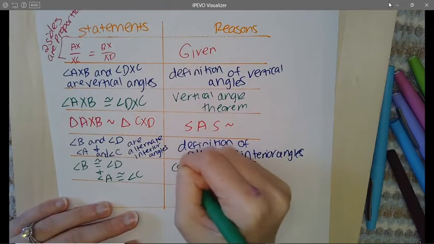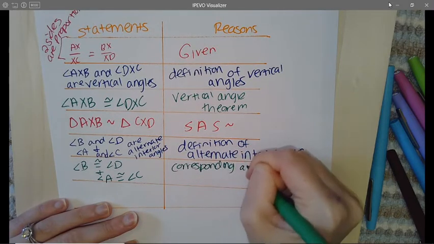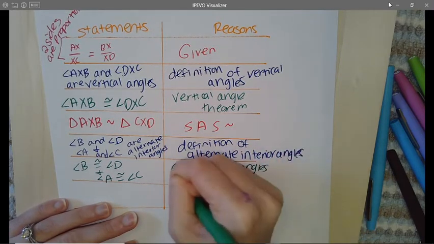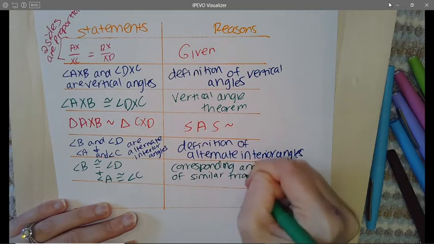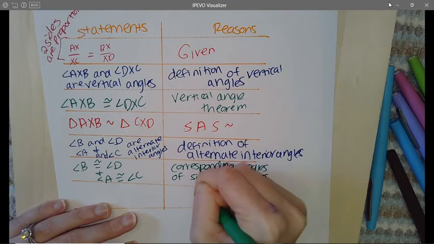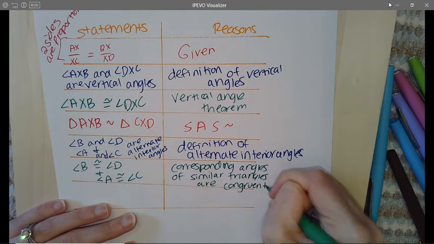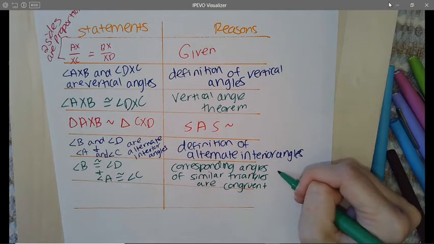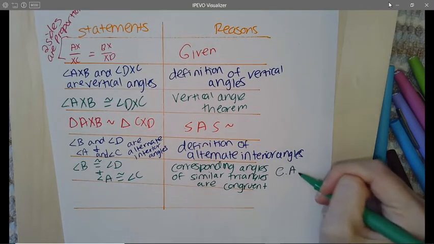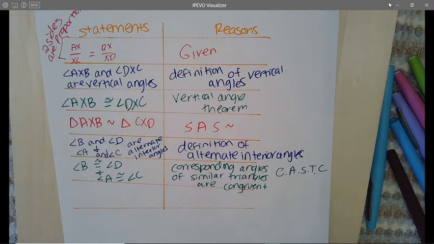I know that corresponding angles of similar triangles are congruent. So it kind of has that CPCTC flow. You could technically abbreviate this to something like CASTC. It kind of looks like cats a little bit.